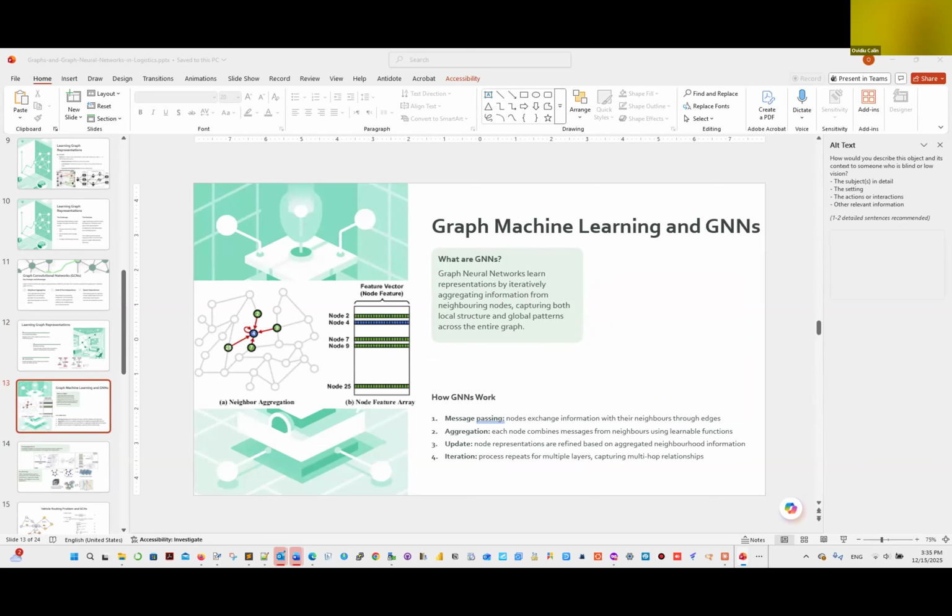So we send our information to the others and receive information from the others. We do aggregation: we collect this information, add it to our own information, make an average, update, and then iterate over time. After n iterations, we will have information from the nth neighbor in the network.